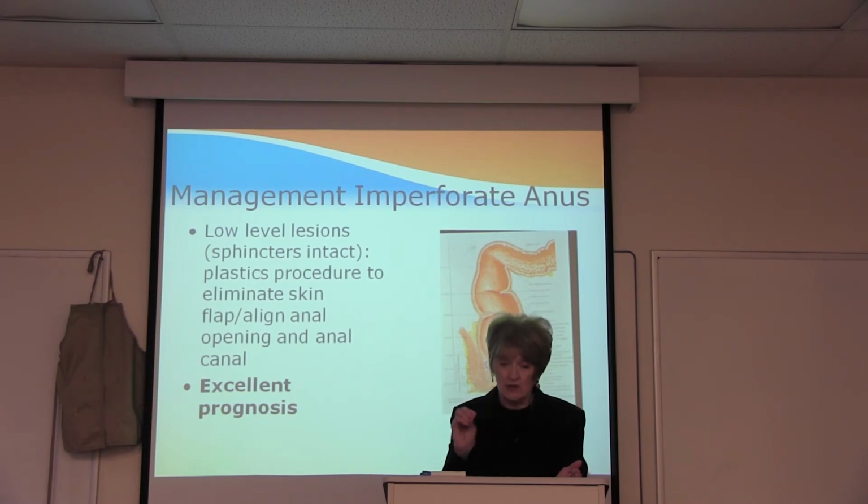So we can take away the skin, we can correct alignment issues, and we can dilate if there's stenosis of the anal canal. All very fixable. So low-level lesions, you're probably not even going to get involved with because they're not going to need an ostomy. They're going to be repaired early, and we expect totally normal continence.